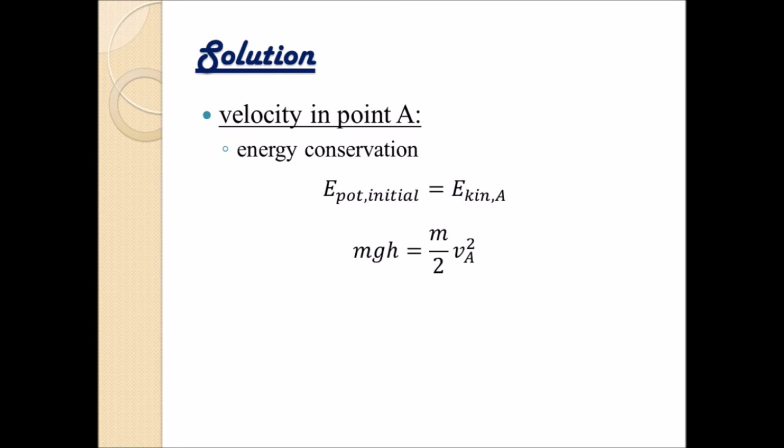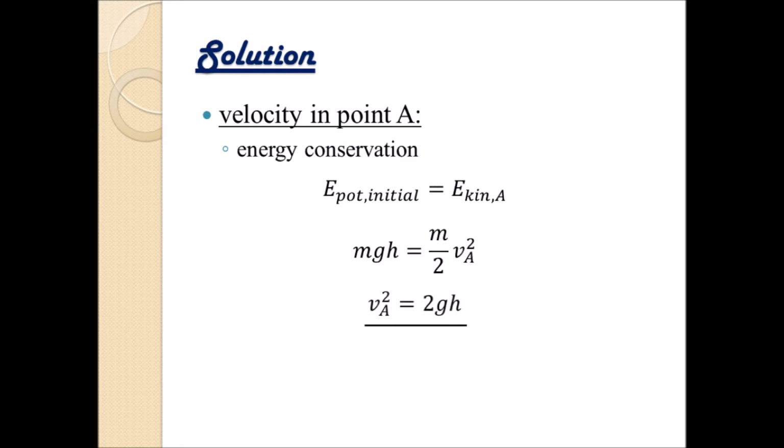Then we just need to say what the energies are. Well, potential energy is always calculated as the product of mass, gravitational constant, and height. And the kinetic part of our equation is mass divided by 2 multiplied with the velocity squared. You can see we have the mass m on the left-hand side and on the right-hand side, so we do not need it.